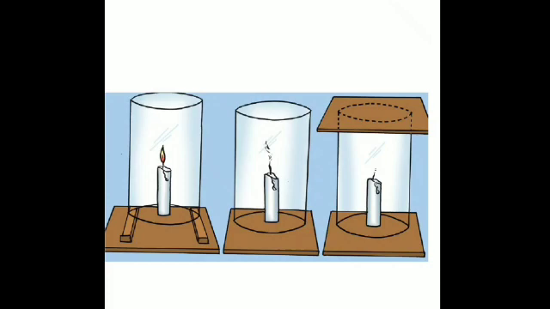Carbon dioxide is used to extinguish fire because it neither burns nor helps in burning. I had told you that carbon dioxide is a non-supporter of combustion. Nor does it burn. Is that clear? It is heavier than air.